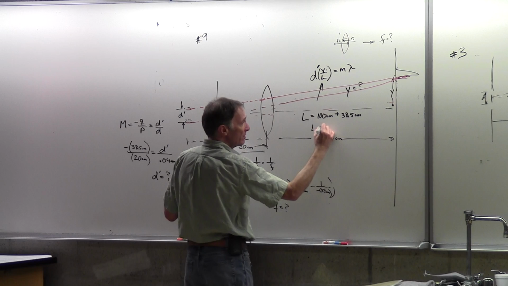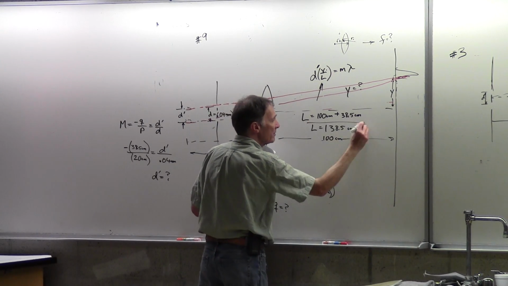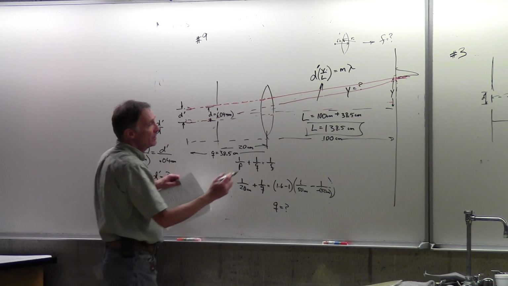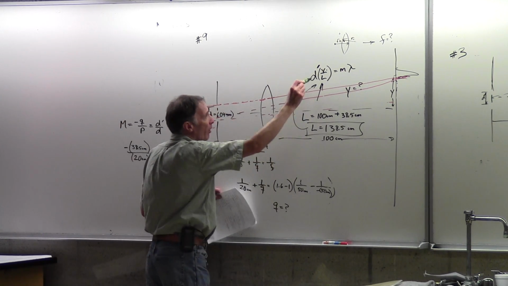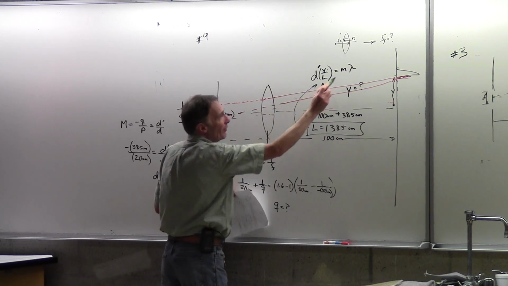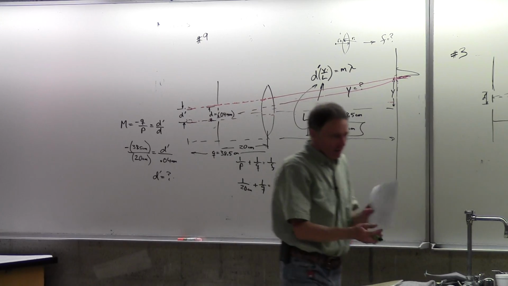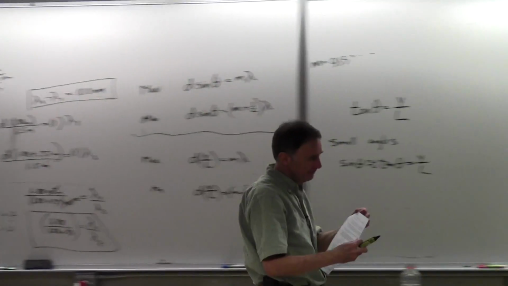And so the distance to the screen is 138.5 centimeters, and that would be L. So all that's going to change. Also, D is going to change because of the magnification, and so that's going to alter your pattern.